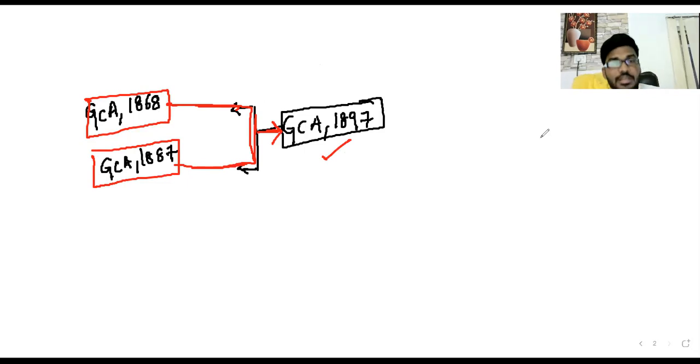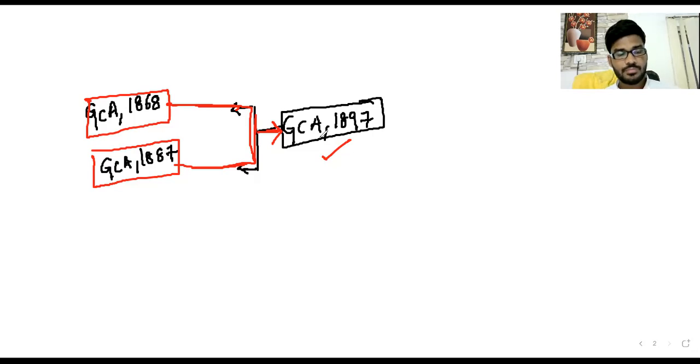Clear? So generally what happened? Before the General Clauses Act 1897 in India, two more General Clauses Acts were there: one is the General Clauses Act 1868 and another is the General Clauses Act 1887.